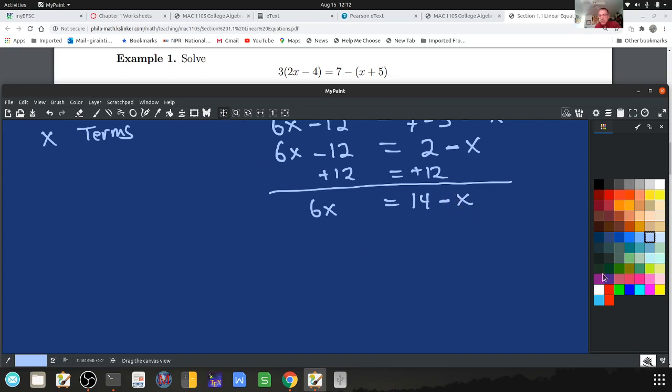By using the addition property of equality, I'm going to add an x to both sides.